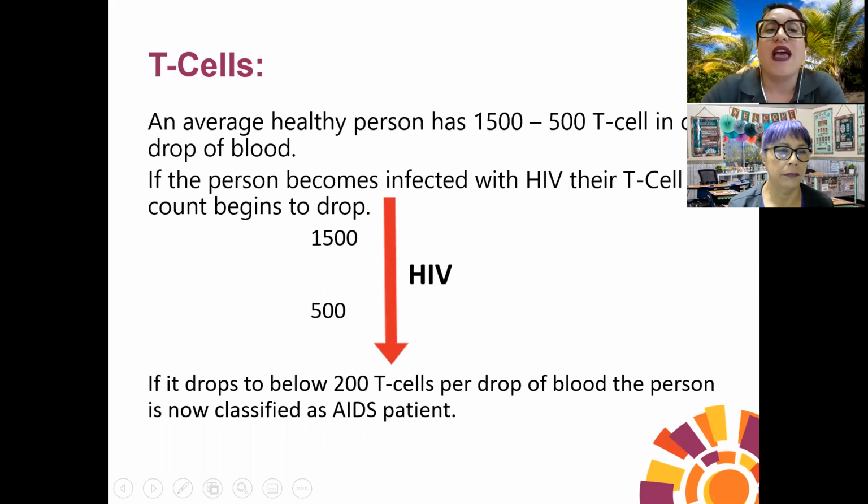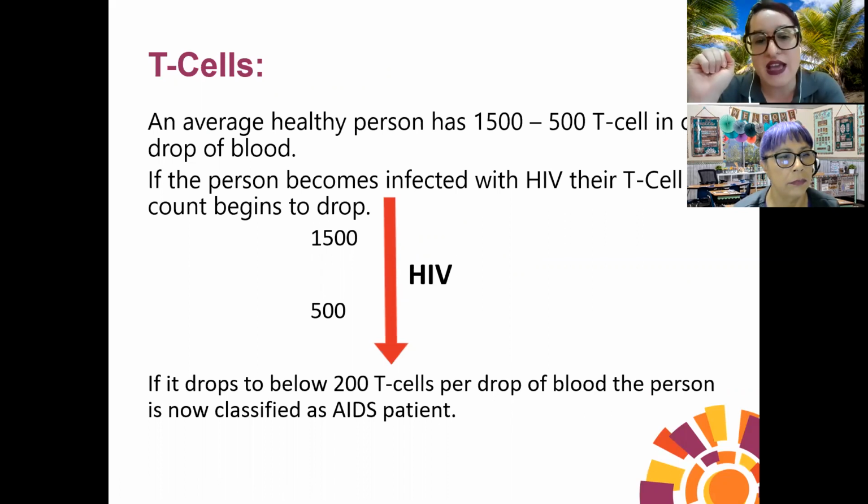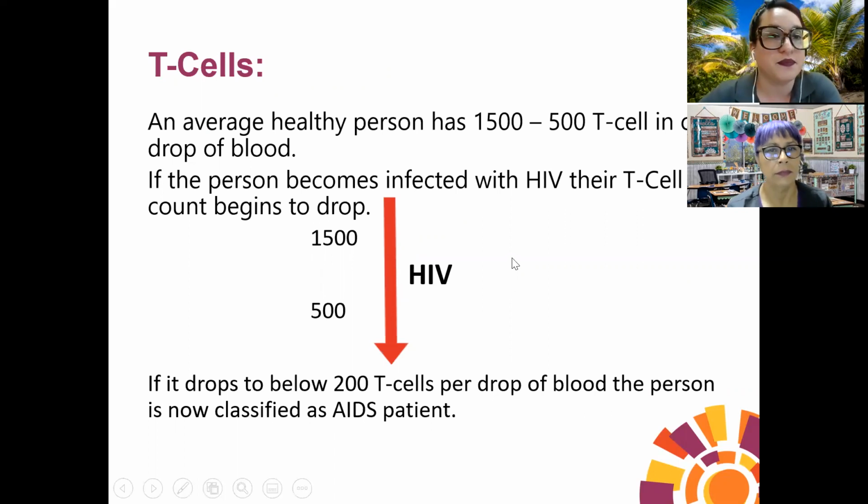If the person becomes infected with HIV, their T cell count begins dropping, from 1,500 to 500. If it drops below 500, like 200 T cells per drop of blood, that person is now classified as an AIDS patient.